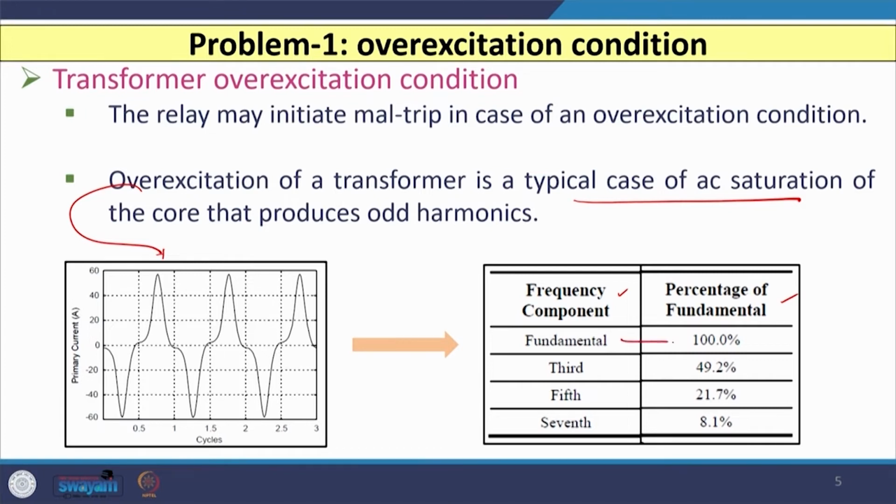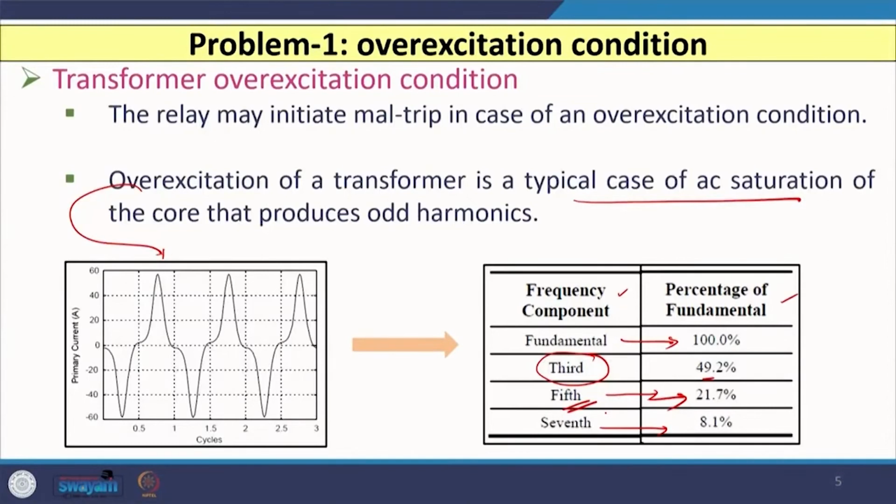The fundamental is obviously highest in the first row, but the third harmonic component is 49.2% with reference to the fundamental, the fifth harmonic is 21.7%, and the seventh harmonic is almost close to 8%. Now, the third harmonic we cannot use, because if I have a delta connected winding, then that can be trapped inside.